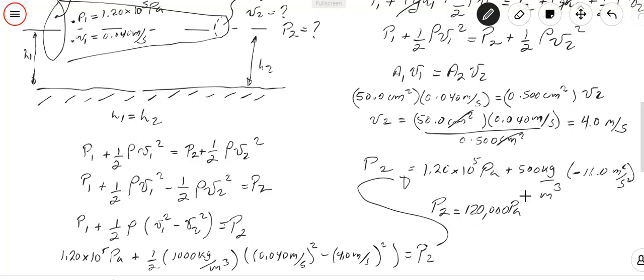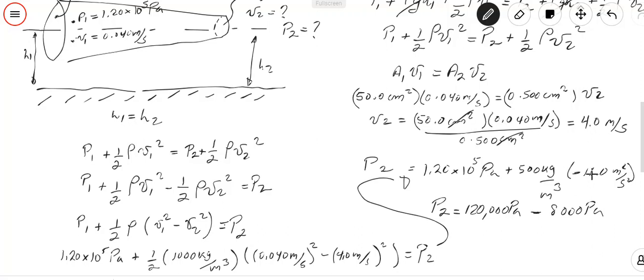I will write this better in this form: the pressure 1 minus, because you have a difference here, and this would be 8,000 Pascal. The product of 500 times 16 would be 8,000 Pascal, right? Remember that Pascal is Newton over square meter.